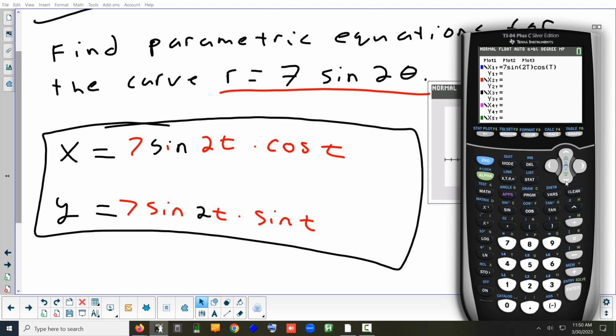And y? 7 sine 2t times sine t. Let's check our window. What should my parameter go from here? 0 to 360. We saw that last time. And for the t step, I think 1 is good.